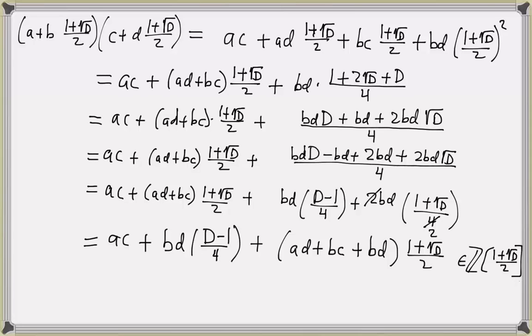And the only justification we need here is in this part right here. (D minus 1)/4 looks like an arbitrary fraction, but recall, we're assuming that D was 1 mod 4. So if D is 1 mod 4, then D minus 1 is a multiple of 4. And so when we divide by 4, we have an integer.